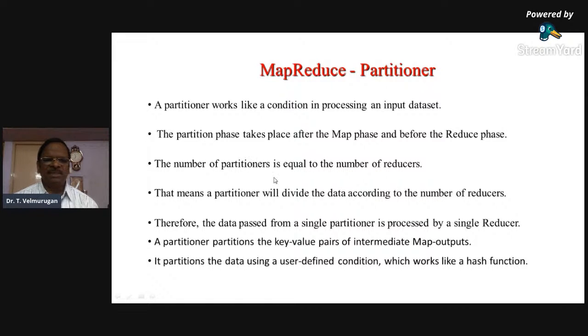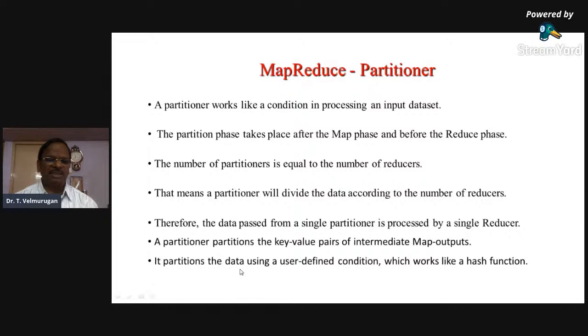The number of partitioners is equal to the number of reducers. That means a partitioner will divide the data according to the number of reducers. Therefore, the data passed from a single partitioner is processed by a single reducer. A partitioner partitions the key-value pairs of intermediate map outputs.